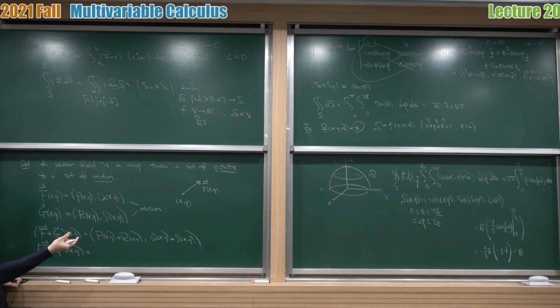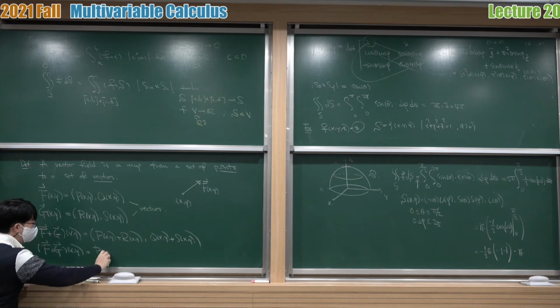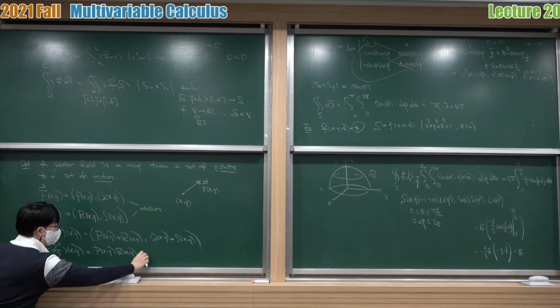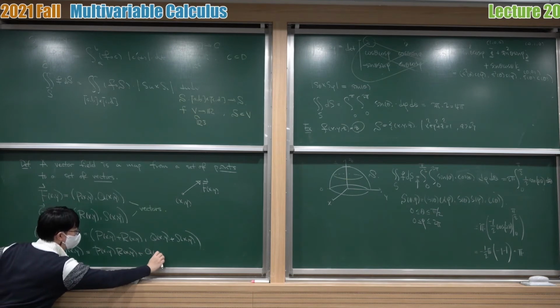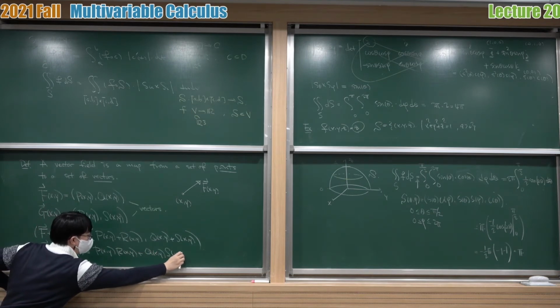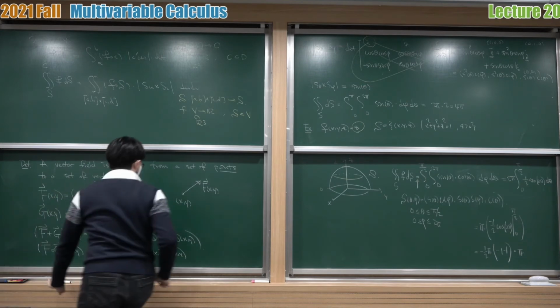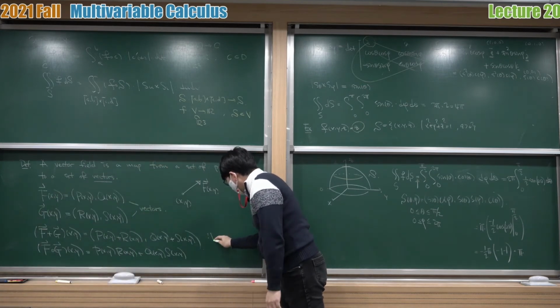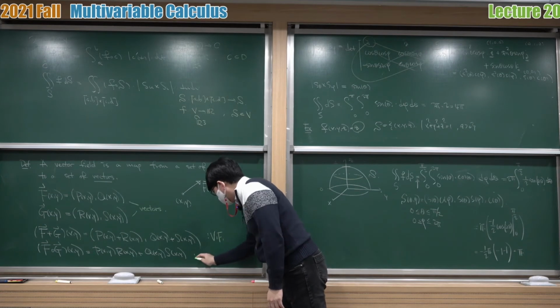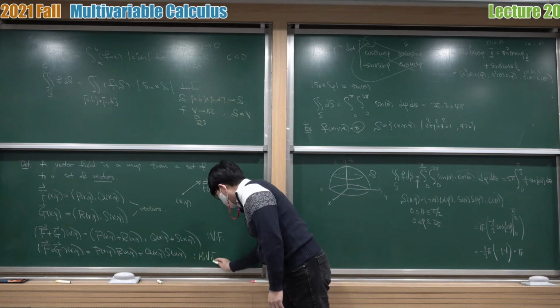So if you take an inner product of two vector fields, the result is not a vector field anymore. It's a multivariable function. Okay? So the result is P of x, y times R of x, y plus Q of x, y times S of x, y. So this is a vector field, but this is a multivariable function. All right?